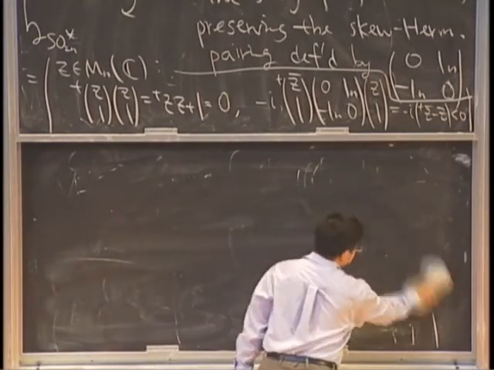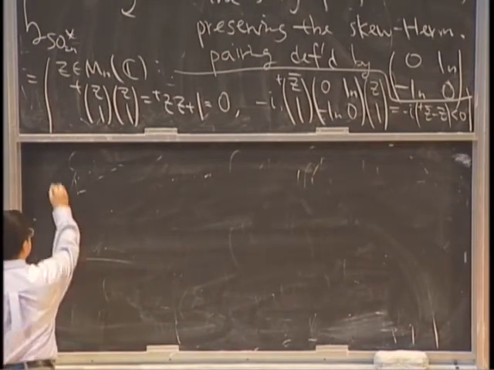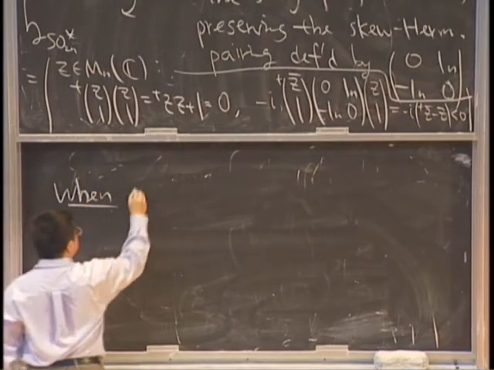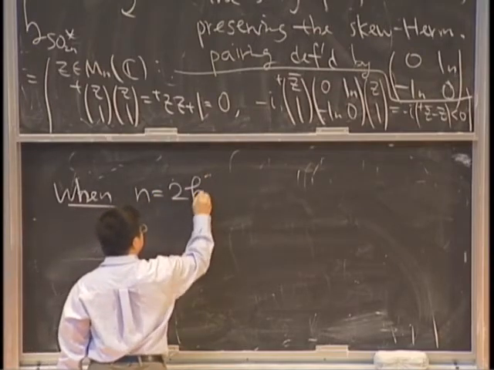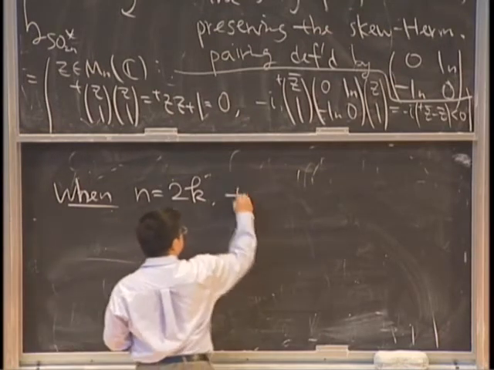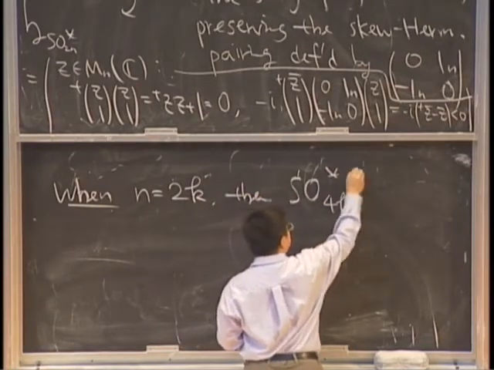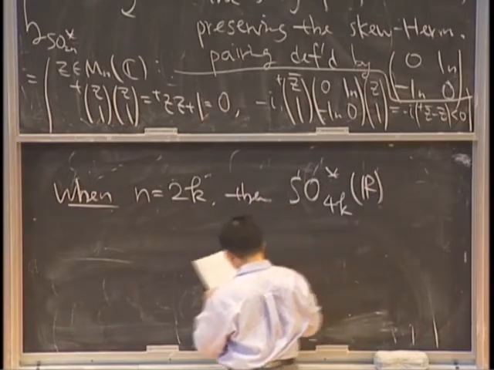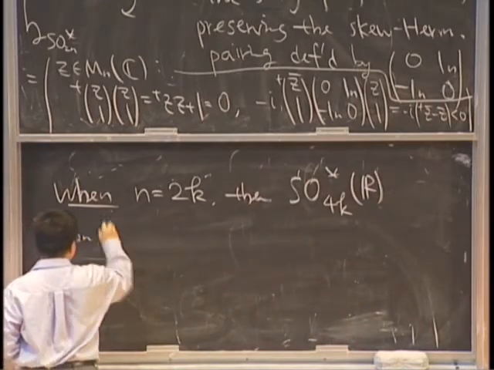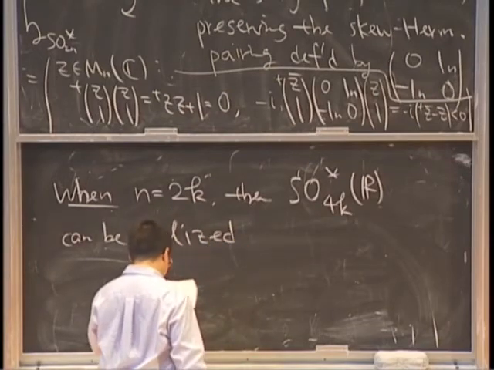This one is even more complicated than the unitary case, but there is actually a special case. So when n is even, there is actually a way to define this thing using, again, something similar to this. So when n is even, well, this time this is 4k. It can be realized as the following thing.